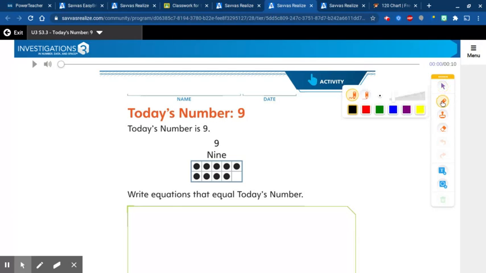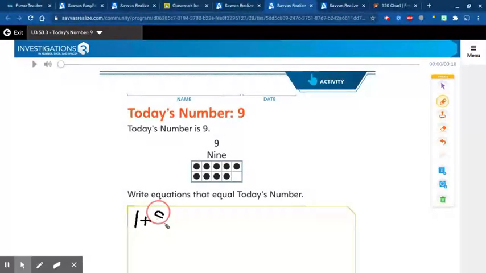So remember, when you're writing an equation, if I was doing 1, and then I'm going to have my plus sign, 8, and that equals 9. Now remember, you can write your equation horizontally, or you can write it vertically.